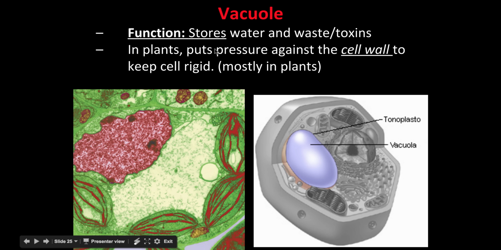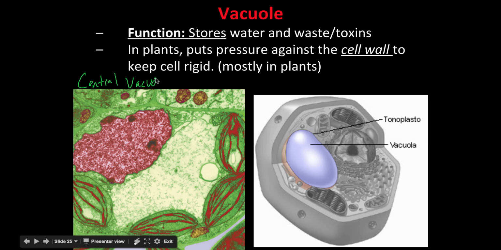The next thing is in both plants and animals. However, we have a large central vacuole, and that's in plants only. So I'll just make a note there, because that's what you're looking at.